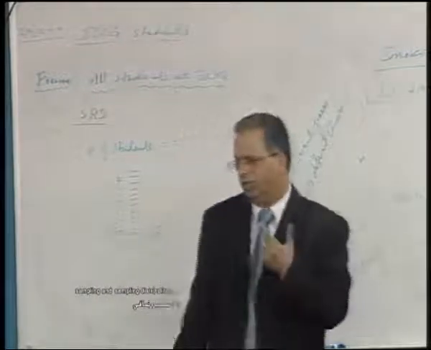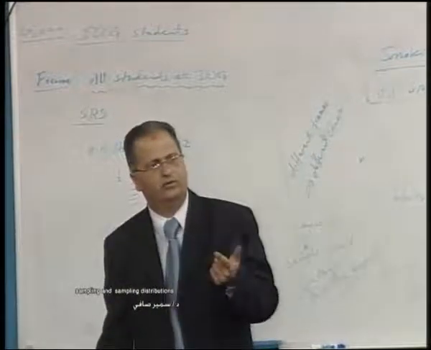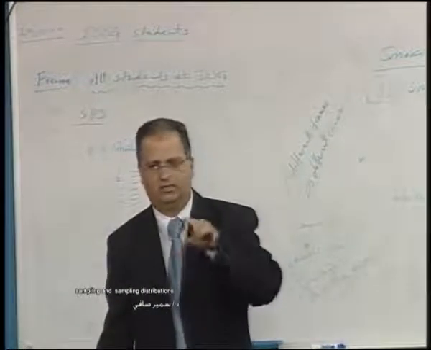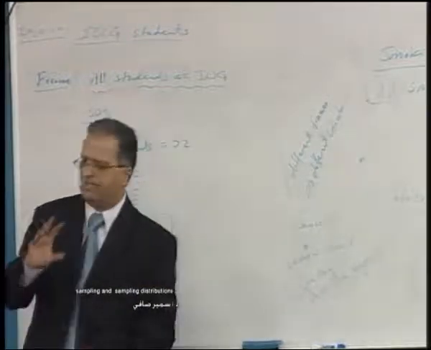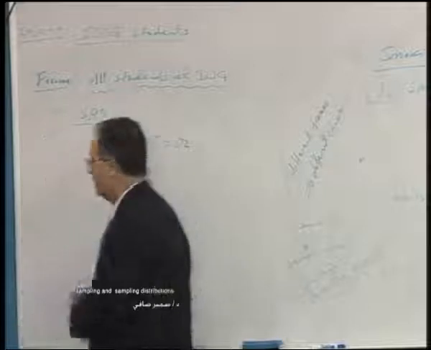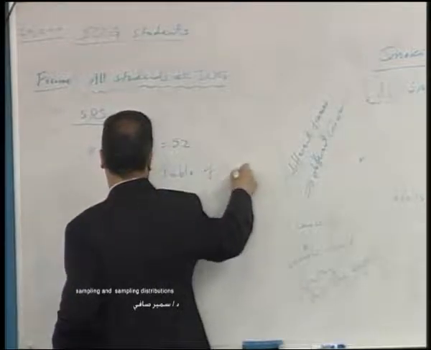I will show one of these, and in the SPSS course we will see the other one, using a computer. So let's see how we can obtain a sample from a table of random numbers.